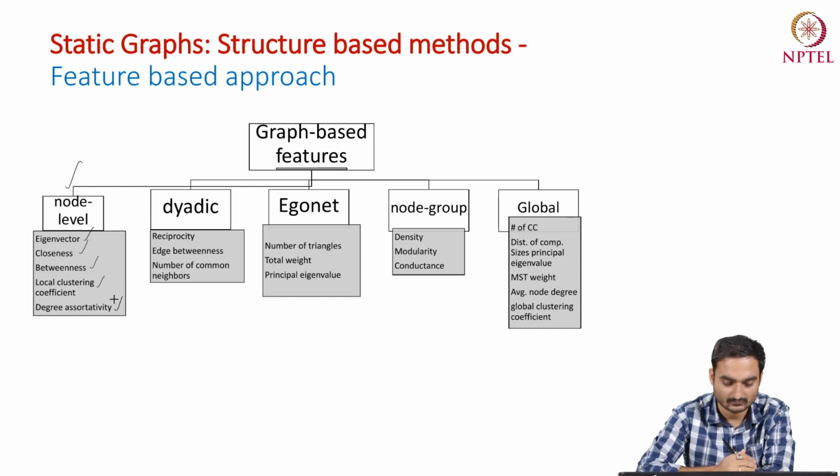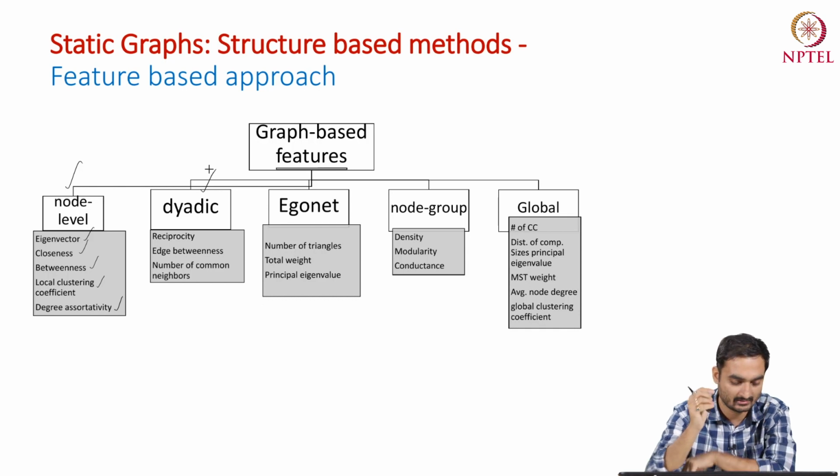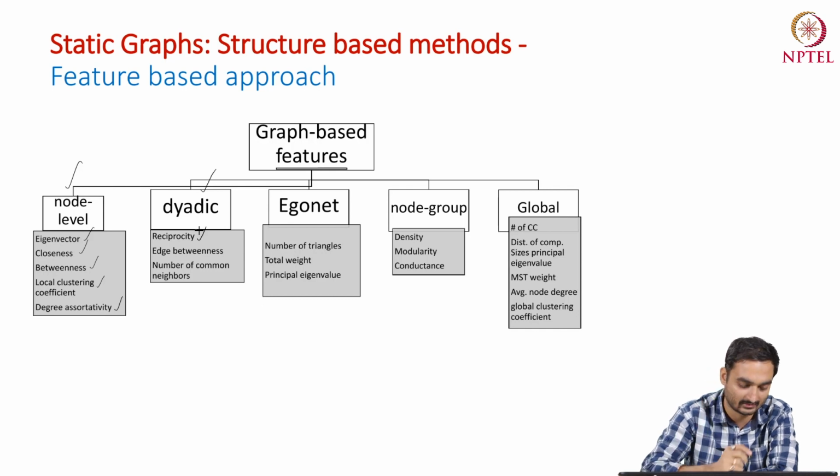If you move from node level to a coarser grain level, we can look at dyadic structure, properties of a pair of nodes. We can look at the reciprocity. Reciprocity is the extent to which two nodes are connected to each other. So, for example, if there is a directed edge from A to B, whether there is another edge from B to A or not, this is reciprocity.